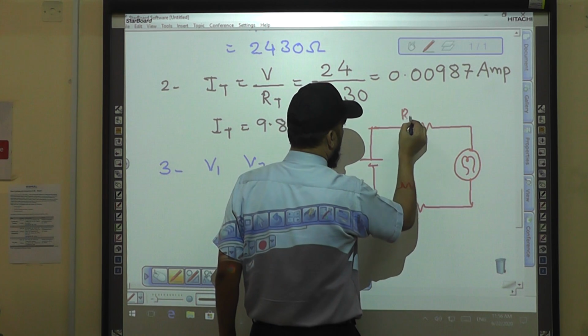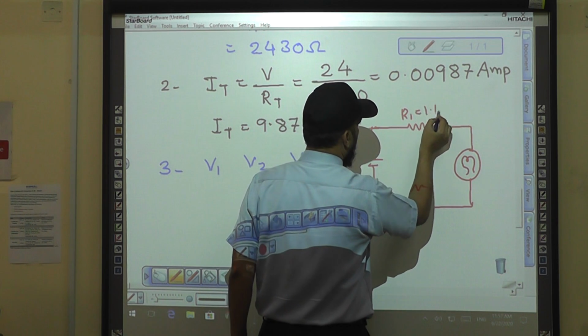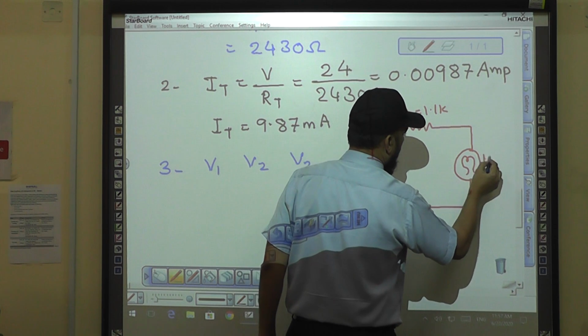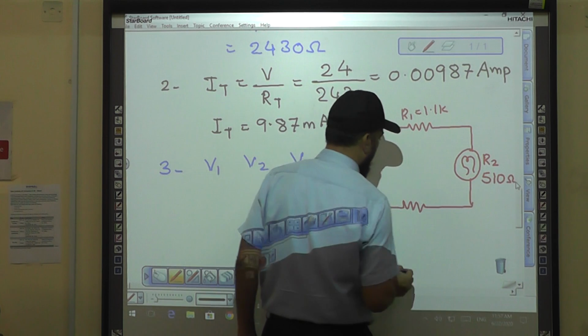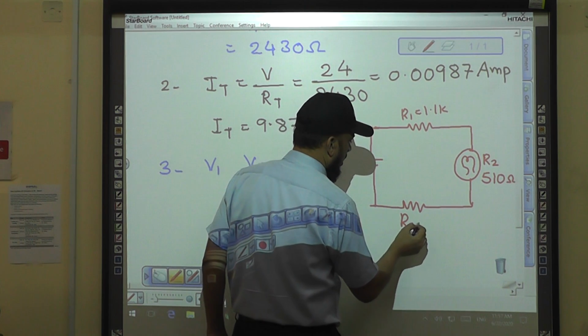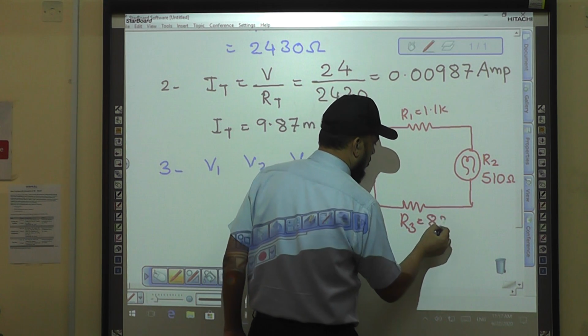This is R1, 1.1 kilo ohm, R2 is 510 ohm, and R3 is 820 ohm.